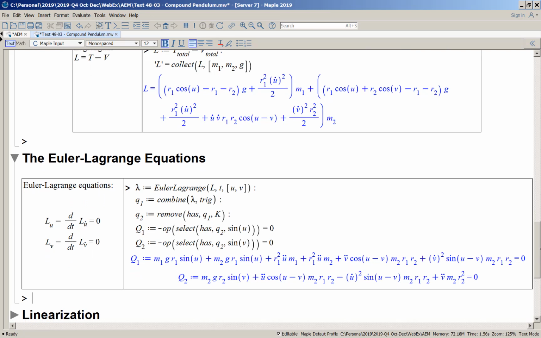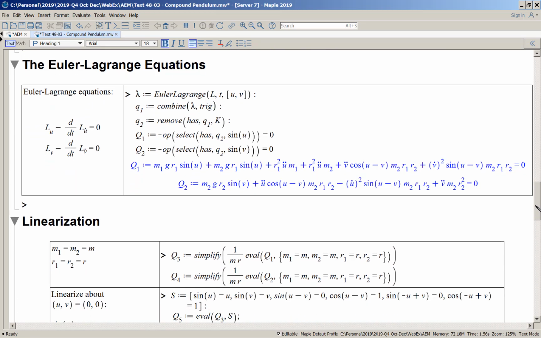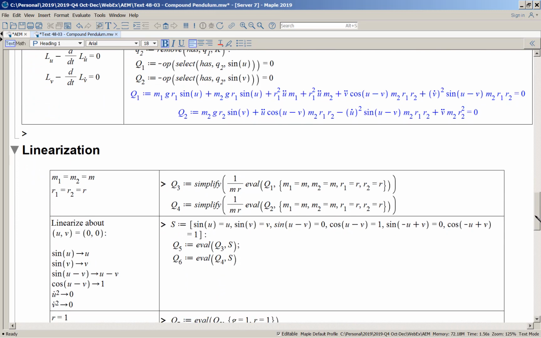Now, there isn't much you can do if you're working with pencil and paper. Probably you would linearize. So let's linearize. And in order to then draw graphs of whatever solution we might find, we give things values, simplify as much as we can. So let's make the masses equal to a common mass m, and the rod lengths equal to a common rod length r.